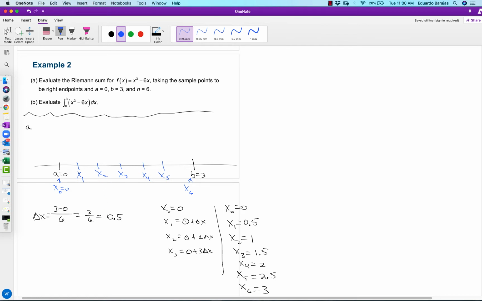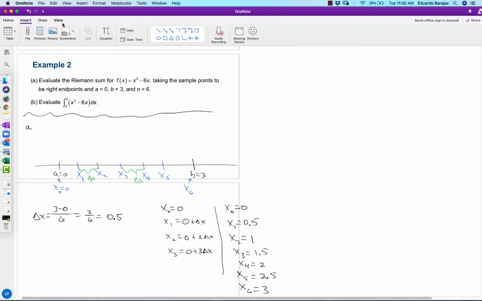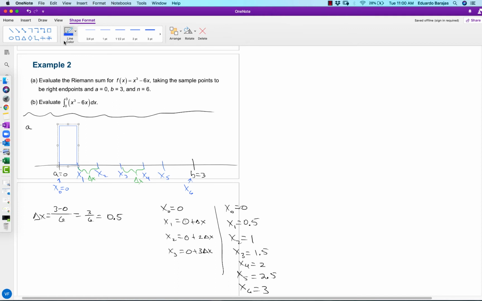Good. Okay, and then remember that all of these have the same width of delta x. All of them are supposed to be the same width, even if it doesn't look like it. And then we're going to create rectangles above. So we're going to have a rectangle right above each one of these. So maybe this goes out to there, and then the next rectangle maybe goes out to there, something like that.